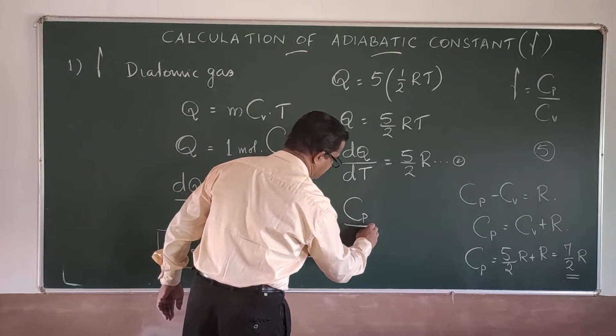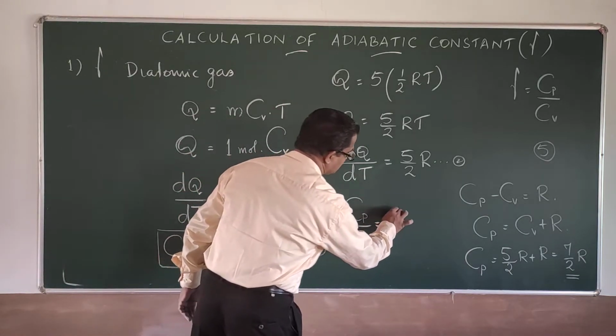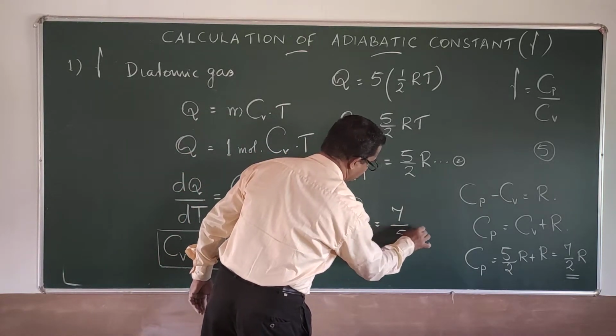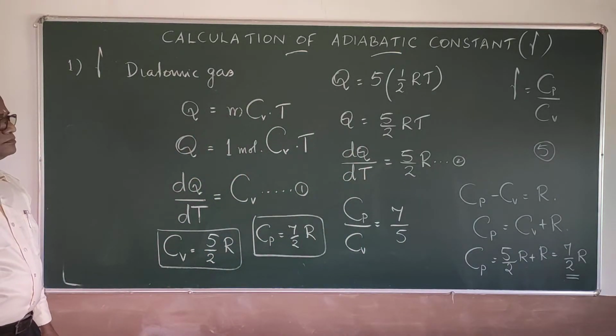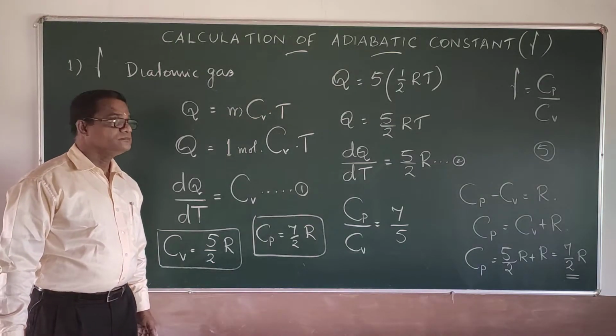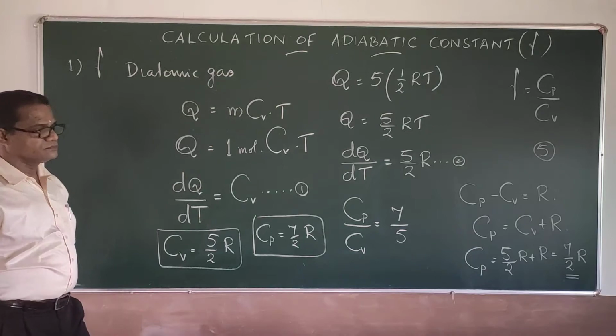Therefore Cp by Cv, dividing these two, you get 7 by 5. Okay? This is how you are deriving it for diatomic gas.